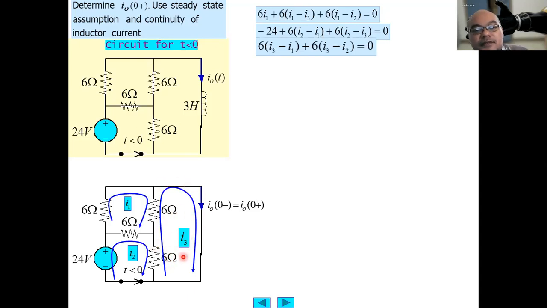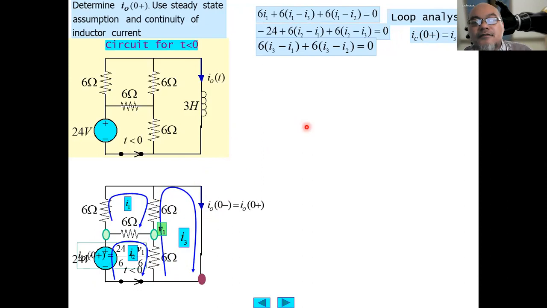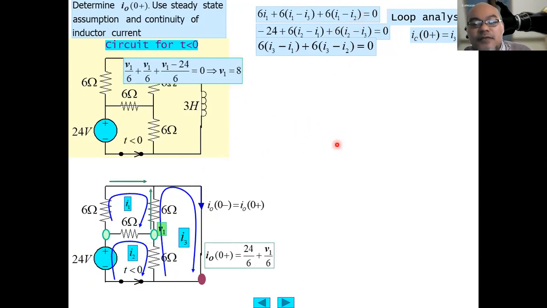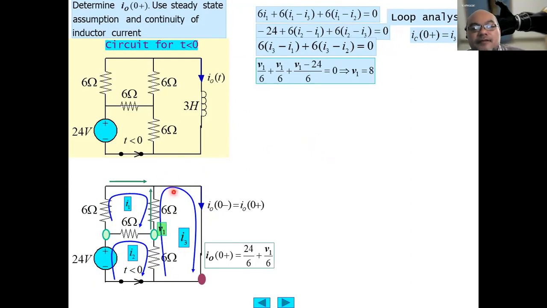And the third loop: 6(I3 minus I1) plus 6(I3 minus I2) equals 0. And we solve, we find IL, the current at L, equals I3. We solve using loop analysis from 3 simultaneous equations.